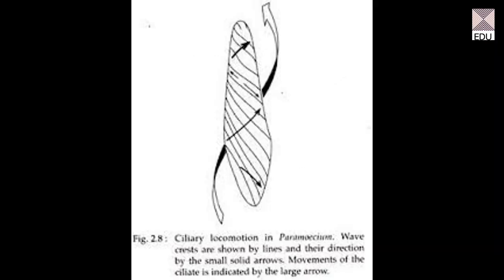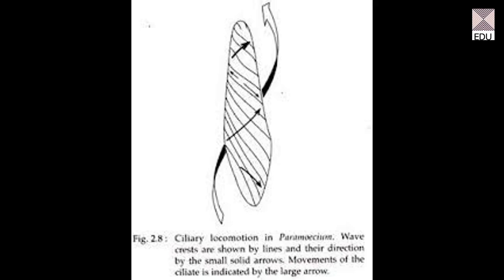Now students, this is a very, very important diagram. Up till now, we have discussed that paramecium strokes back the water towards the posterior end. The water moves backwards and the paramecium moves towards the anterior side, the upper side. But now I am discussing a second aspect of the movement of paramecium.